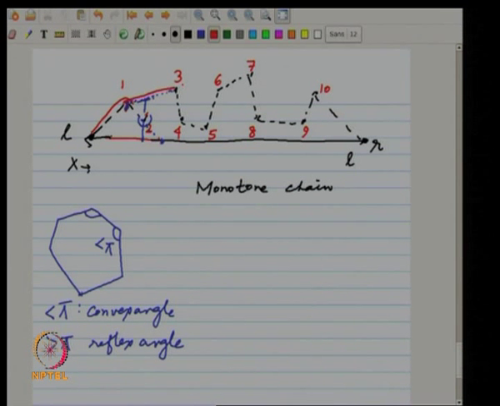So, we proceed further. Again at 1, 3, 4 it is a right turn, fine. That is also okay, and then again we have a problem: from 3, 4, 5 it becomes a left turn, right. The moment it becomes a left turn, it means that I cannot consider 4. So, 4 goes out of consideration.